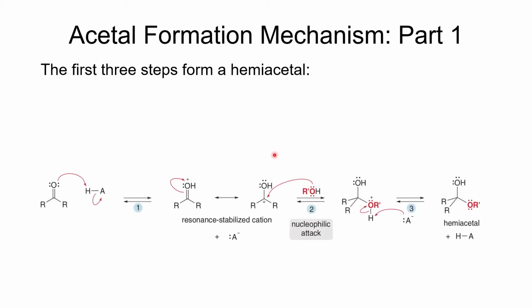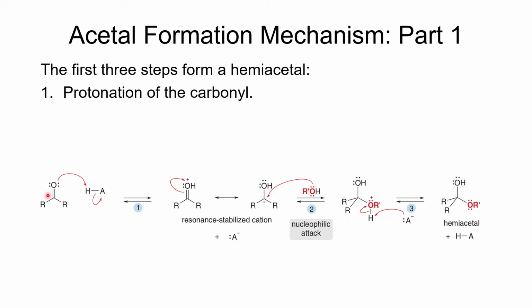All right, let's look at the mechanism, and I'm going to break it down into two parts. The first part is going to be the formation of the hemiacetal. And hemiacetal, hemi just means half. So the half acetal is where you have formed halfway to your acetal. So you have one OH and one OR present. Okay, so the first step is protonation of the carbonyl.